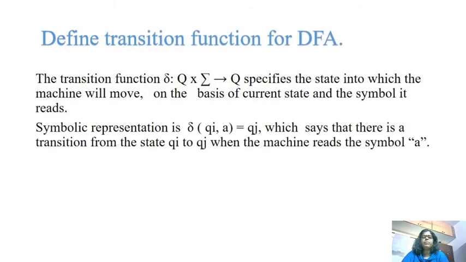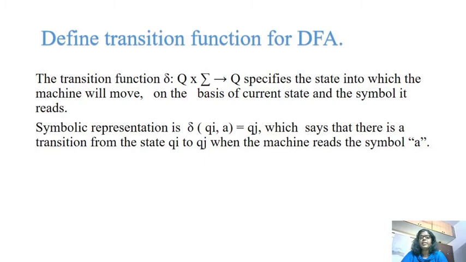Define the transition function of a DFA. The transition function delta takes a state Q, reads the symbol sigma and sends it to the next state Q. It specifies the state into which the machine will move on the basis of the current state and the symbol it reads.